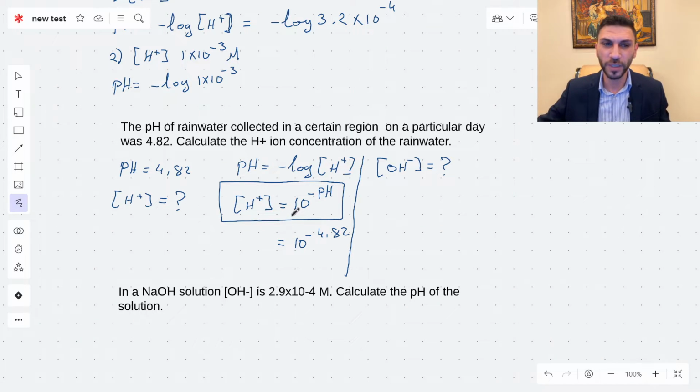Because we have the pH, and if you remember, the Kw equals the concentration of H positive multiplied by the concentration of OH negative. We have the Kw. We have the H positive. We already found it here in the first unknown. Simply we can find the OH negative.